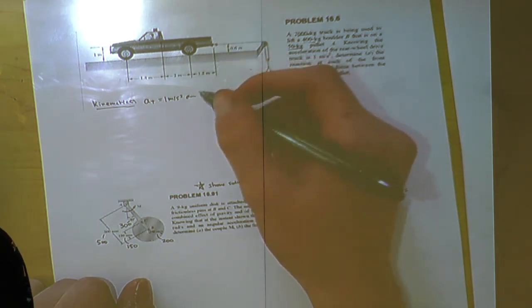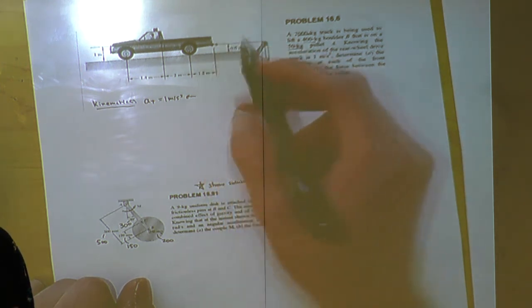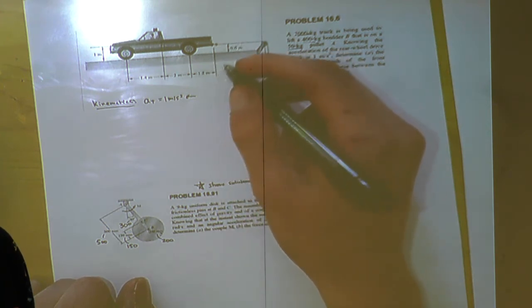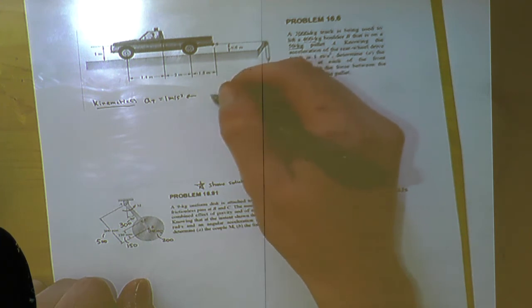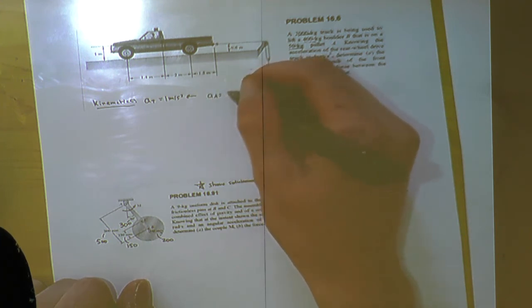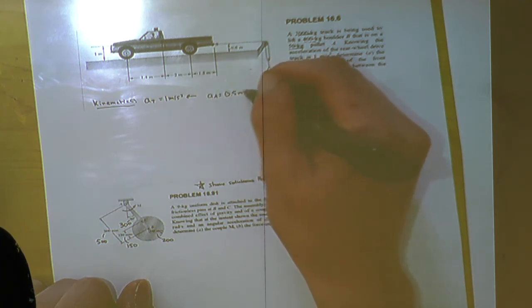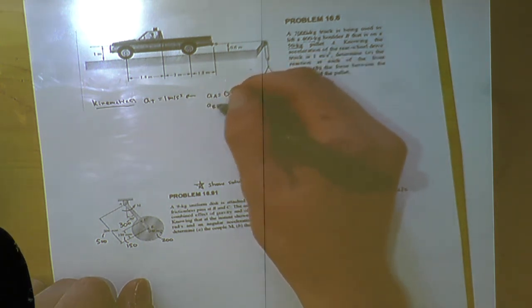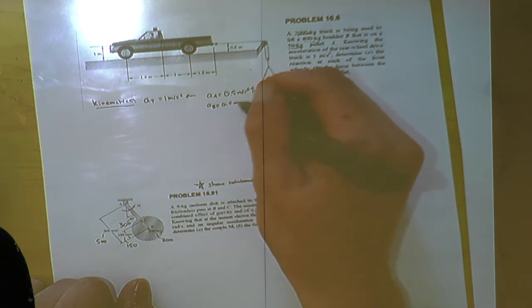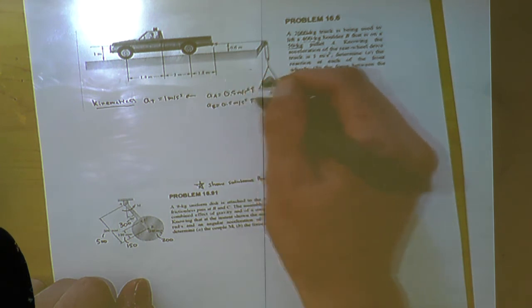And when the truck moves 1 meter to the left, the boulder and the pallet are each going to be raised 0.5 meters up. So we have aA is 0.5 meters per second squared up, and aB equals 0.5 meters per second squared up.